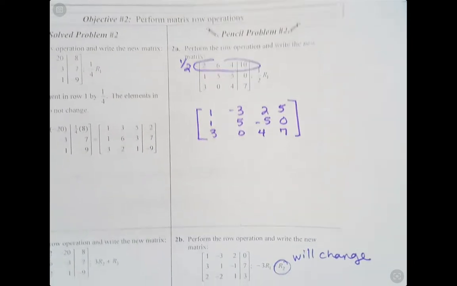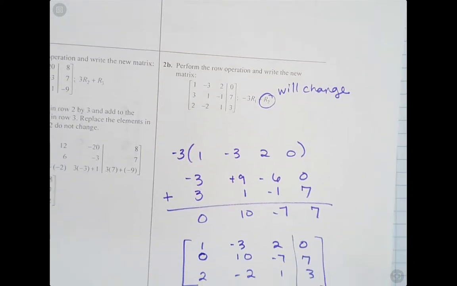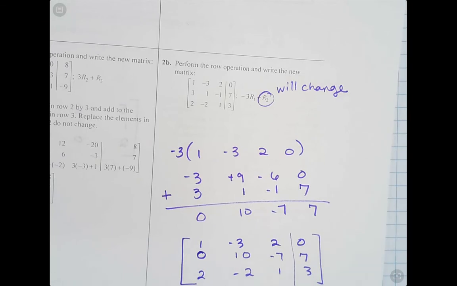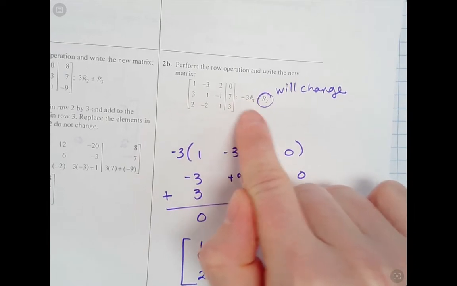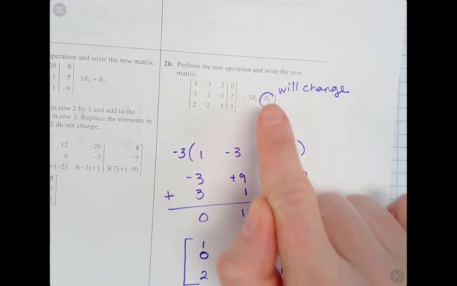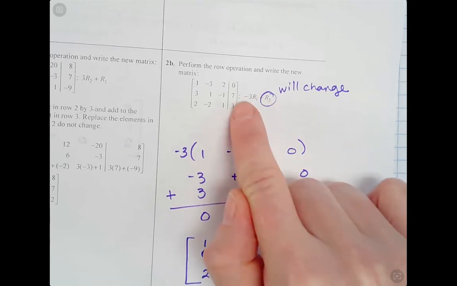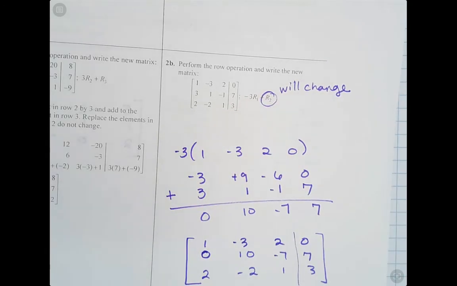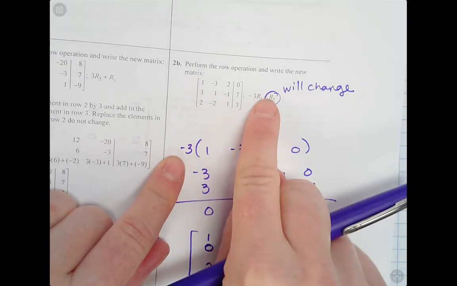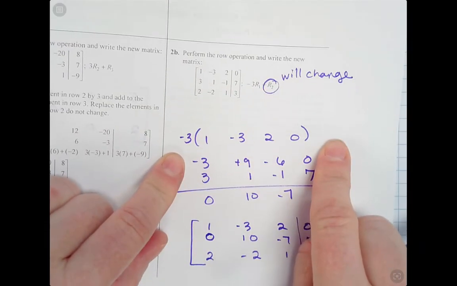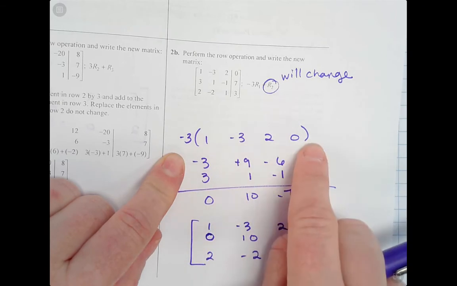Okay, and then the next one, 2B, says -3 times row 1 plus row 2. So that means I'm going to multiply -3 times row 1, add it to row 2, and exchange my row 2 with this new one. So I first did -3 times my row 1. I just wrote it out kind of like I would if I was distributing.